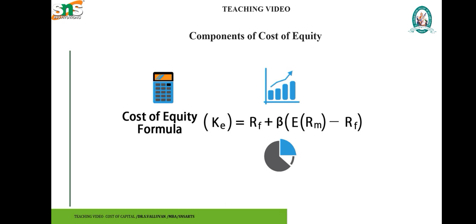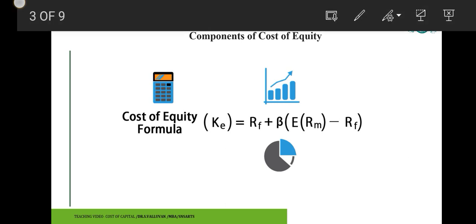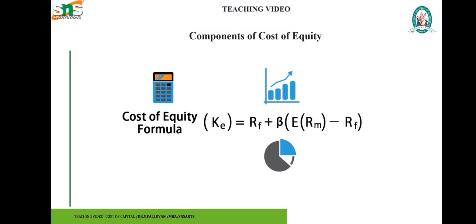Then beta multiplied with risk premium, that is RM minus RF, market return minus risk-free rate of return. It's nothing but return over and above the risk-free rate, that is called risk premium.